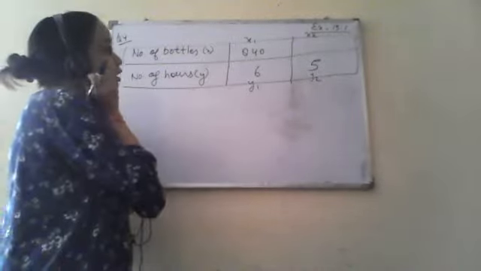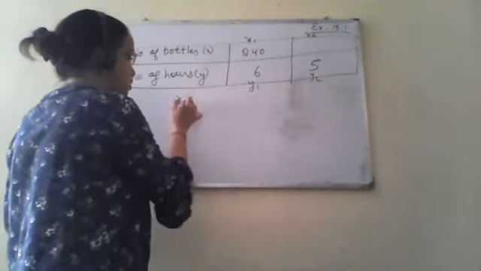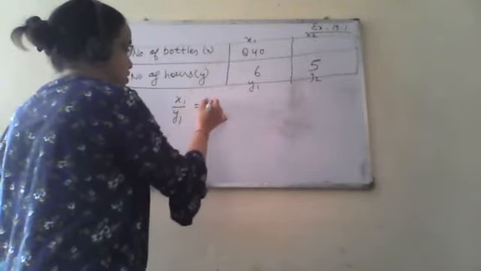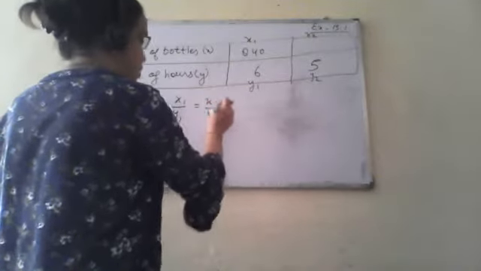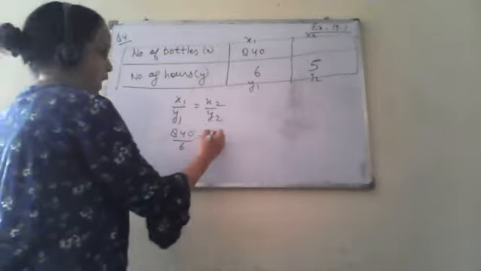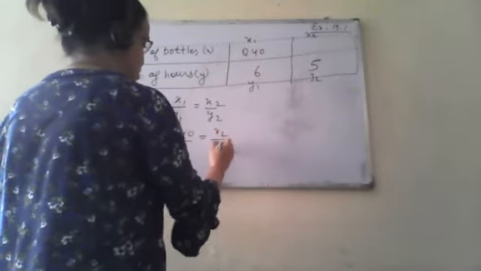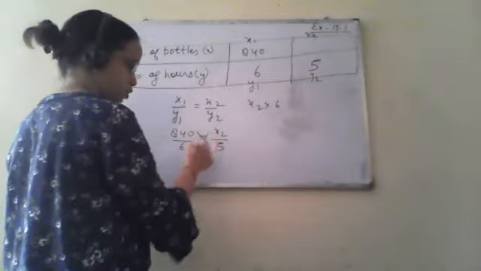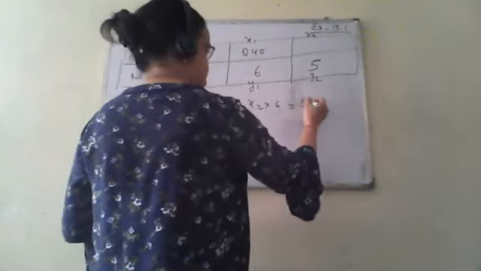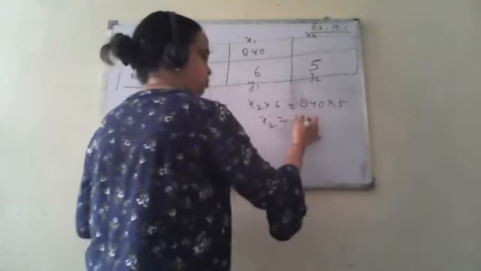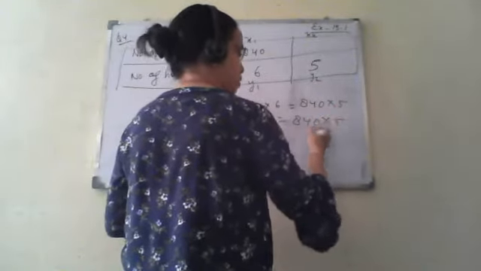So as per direct proportion, we have x1 upon y1 equals x2 upon y2. By putting those values, 840 upon 6, and x2 we have to calculate, this is 5. Therefore, x2 into 6, we have to do the cross multiplication, and this comes out to be x2 is 840 into 5 upon 6.